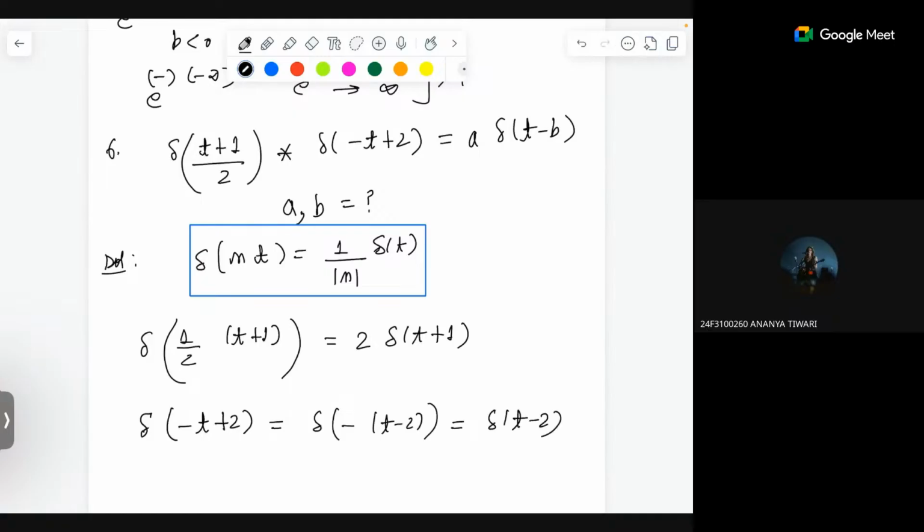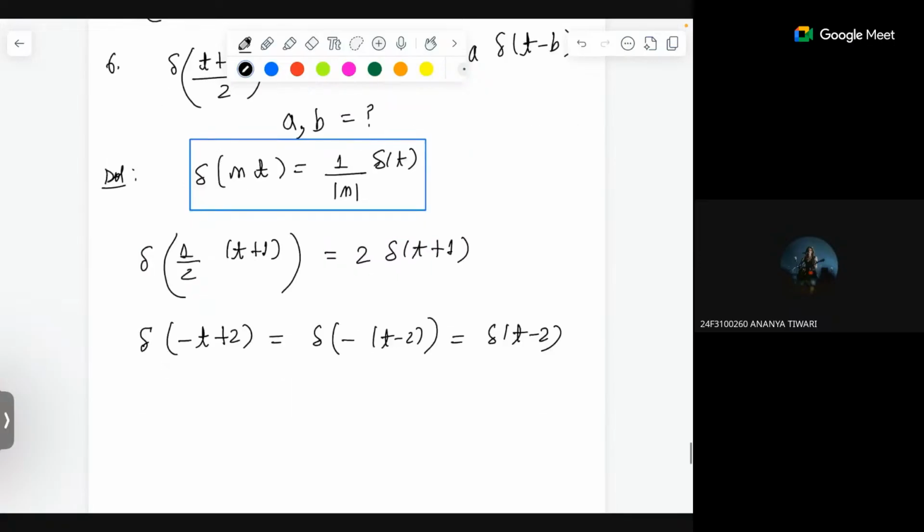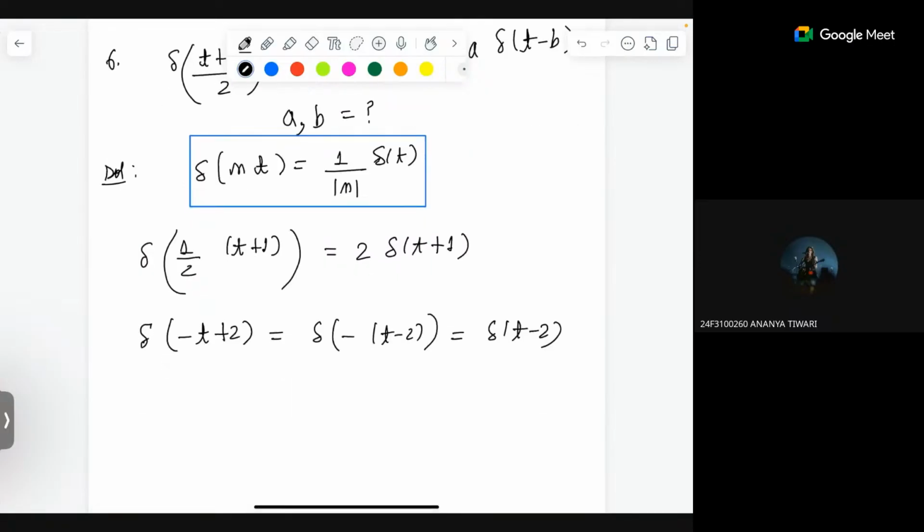Is this clear? Ma'am, that minus 1 would be outside, right? This property, it is modulus now. Oh, okay, ma'am. Now we will be convolving these two: 2 times delta of t plus 1 convolved with delta of t minus 2.